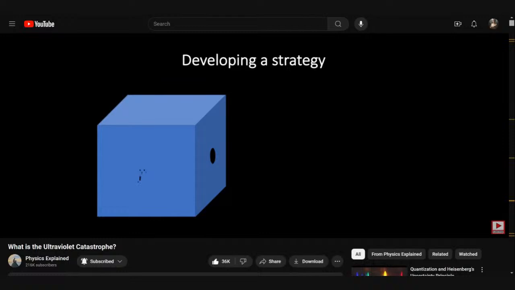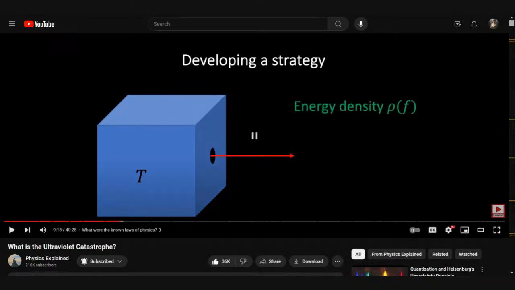Firstly, they realized that it would be more useful and simpler if they specified the spectrum of radiation inside the Jeans cube in terms of the energy density rather than the spectral radiance. And energy density, rho of the frequency. I don't know what that means.